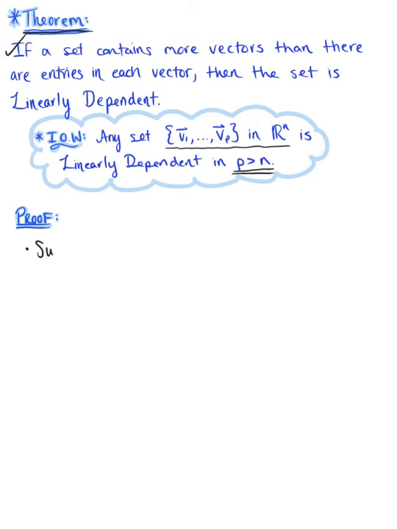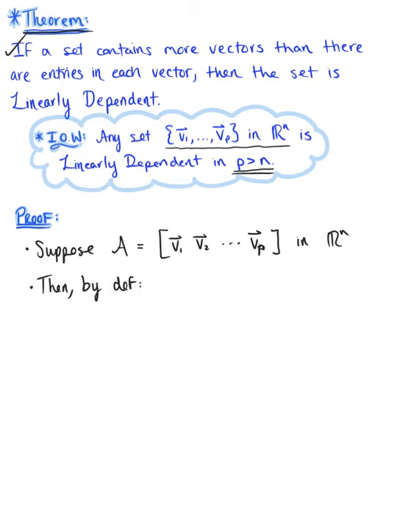So let's suppose that we have a matrix A defined by the column vectors v sub 1, v sub 2, all the way to v sub p, in Rn. Let's think about what this is telling us. What do we know about this matrix simply by thinking about the definition?